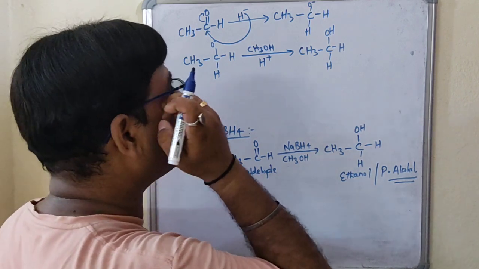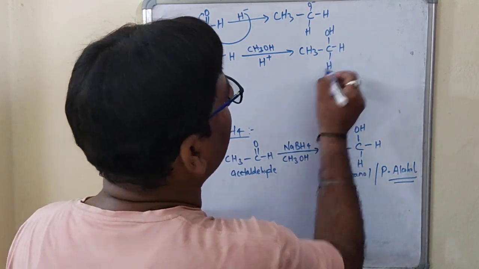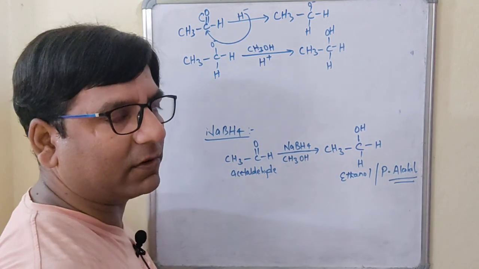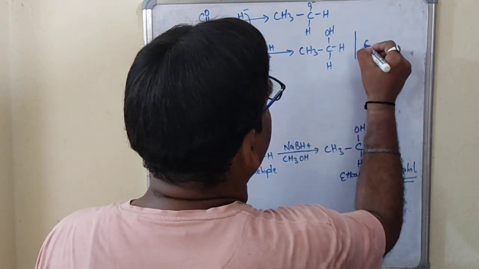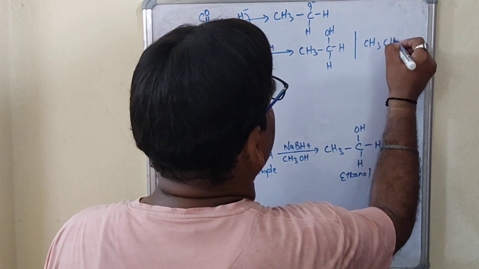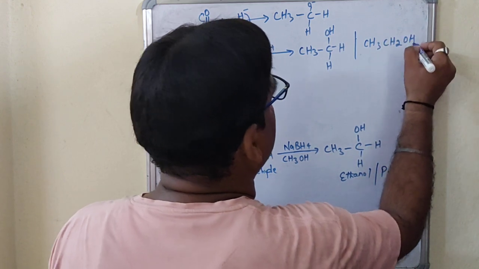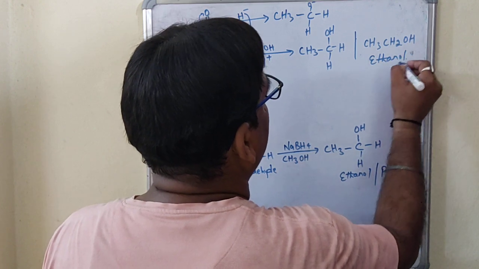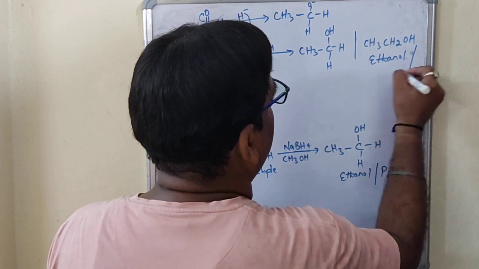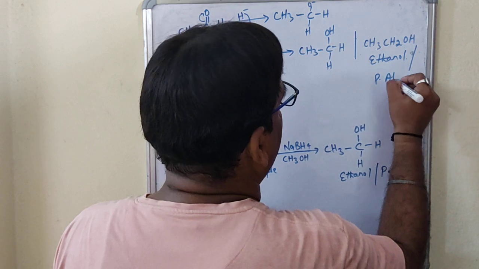So this will be the main product, students. The main product you can write like this, or you can write CH3CH2OH, that is ethanol, or you can write primary alcohol.